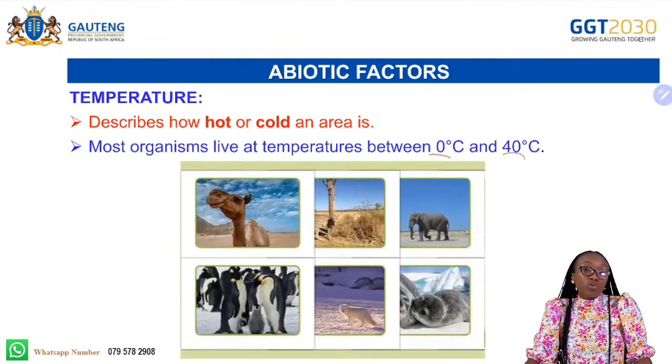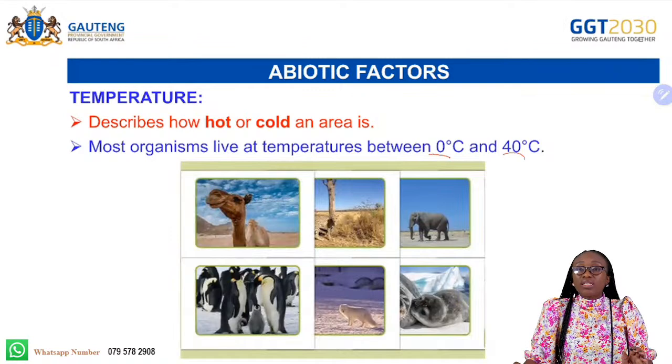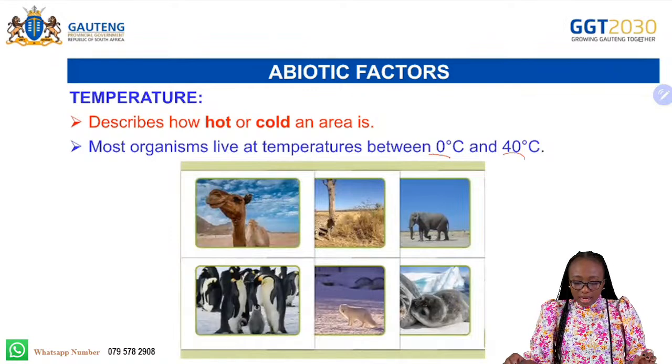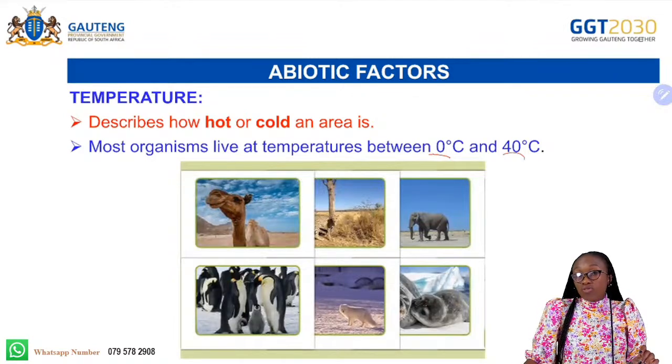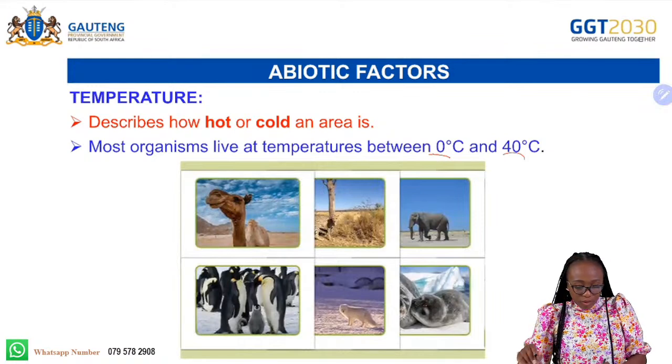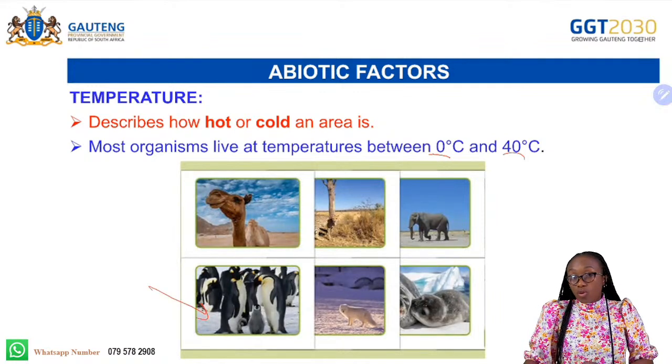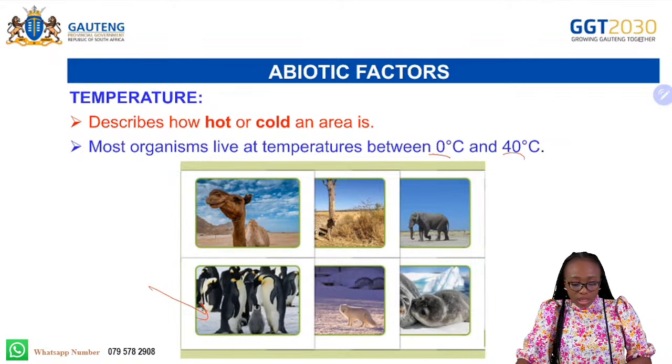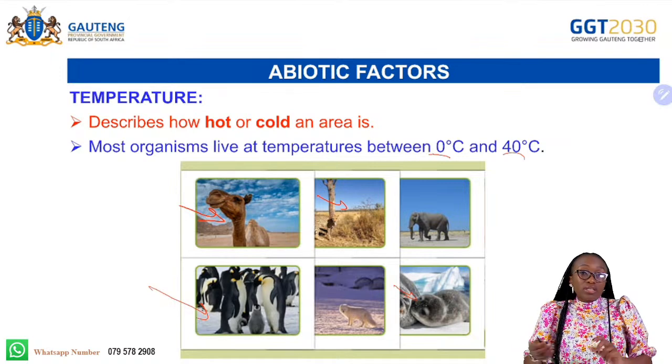What kind of organism can live in a particular area that is very cold or very hot? For example, we find penguins in very cold areas. We also find seals in very cold areas. We find camels in very hot deserts, and we find cheetahs and elephants in the savanna type climate.